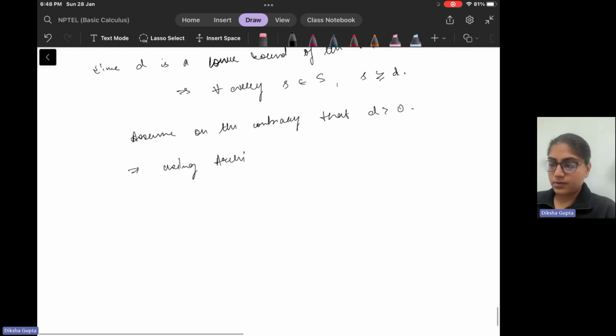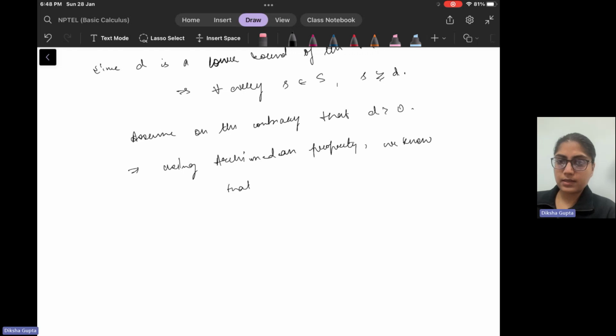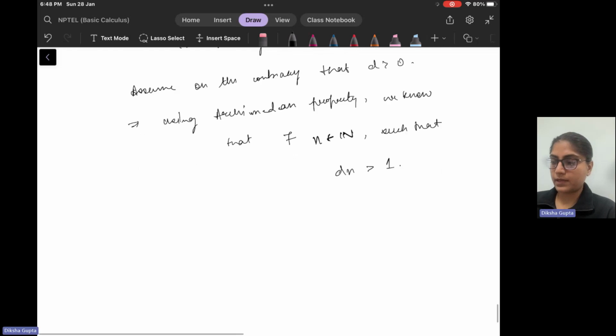Okay. So using the Archimedean property, we know that there exists a natural number n belonging to the natural numbers such that, like we did in the previous question, Dn is greater than 1, right?